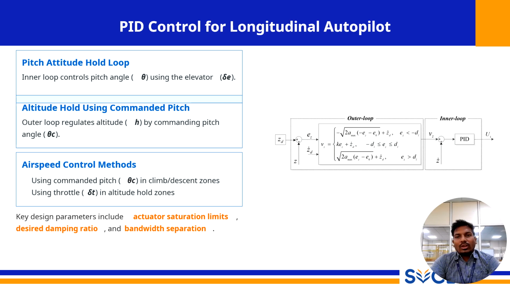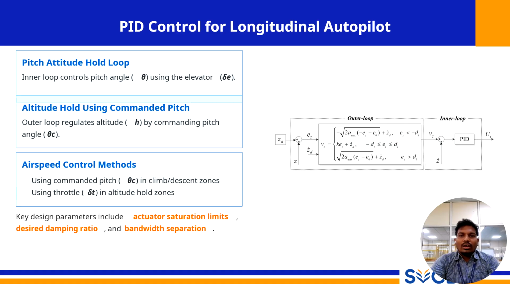Conversely, it will use throttle delta t in the altitude hold zone to regulate speed, while the pitch is used to maintain constant altitude.